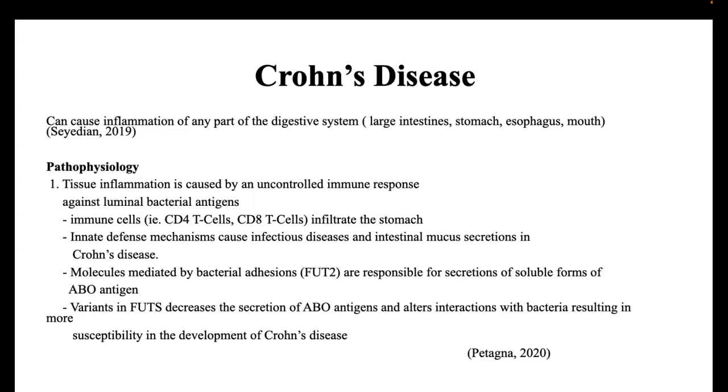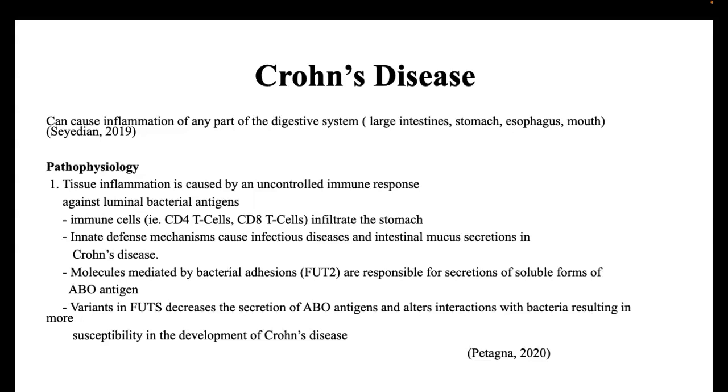Immune cells such as CD4 T cells and CD8 T cells infiltrate the stomach. Innate defense mechanisms cause infectious disease and intestinal mucus secretion. Molecules mediated by bacterial adhesion, such as FUT2, are responsible for secretions of soluble forms of ABO antigen.